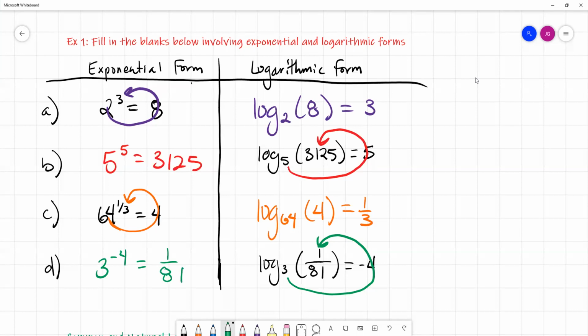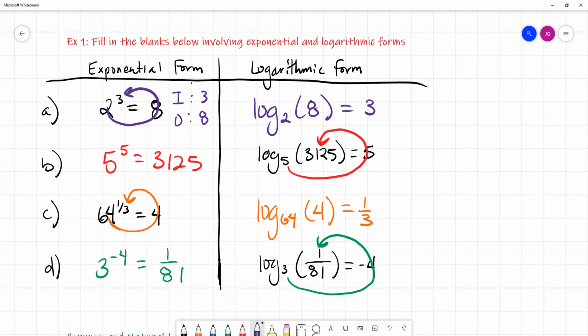Okay. And so I hope you find that trick a little helpful, right? It's a nice little visual that helps us remember how to go back and forth between each one, and you can truly see that they're inverses, right? The input over here in my exponential form, I'll write input, output. My input here was 3, my output was 8.